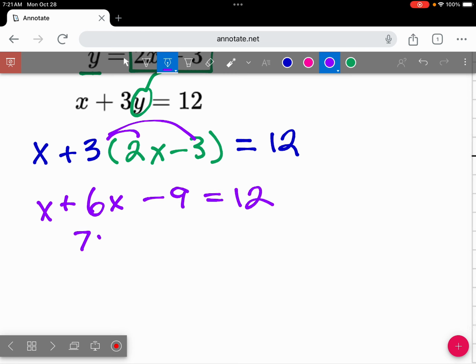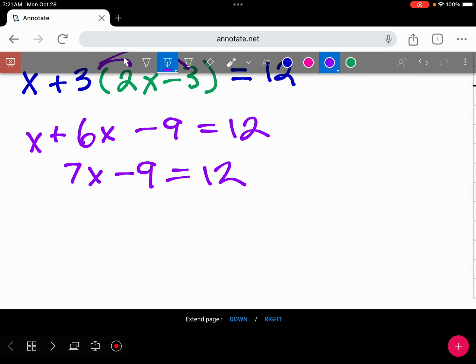Combine like terms: 7x minus 9 equals 12, and then what? Add 9. So we have 7x equals 21. So what does x equal? 3.